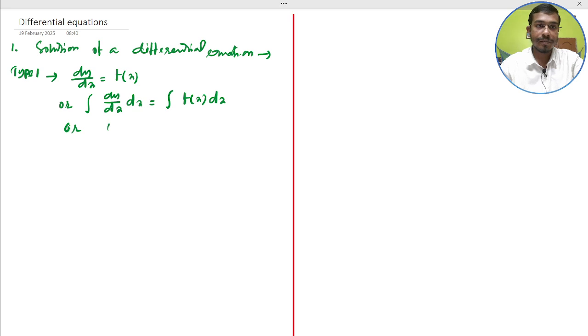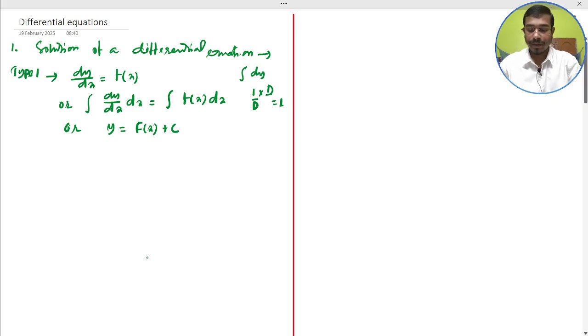The dx cancels out, giving the integral of dy, where the integral means 1 by d and the differential is d. So y would become F(x) plus c.